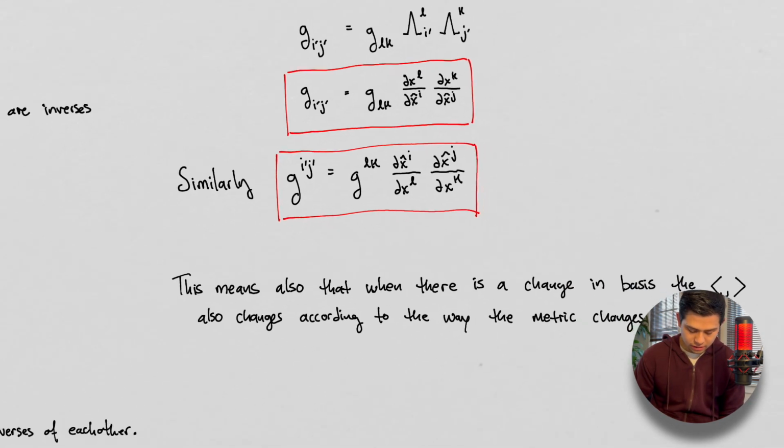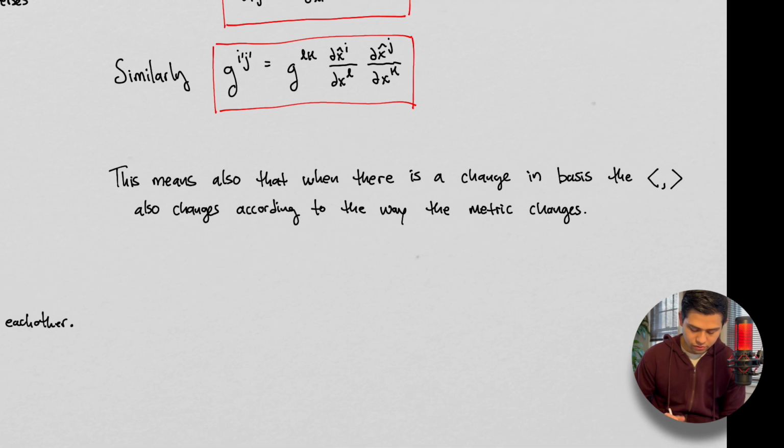So this means also that when there is a change in the basis of the inner product, because these guys mimic the values that we get for the inner product in each individual vector space, since they change in this way, the values of the inner product will also change under a coordinate basis.